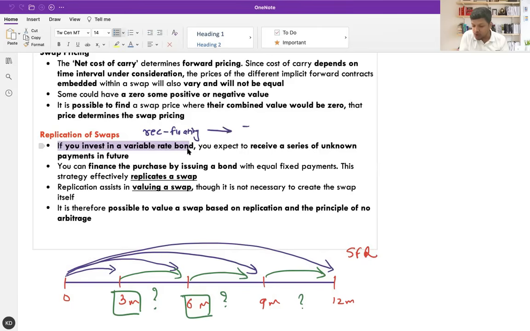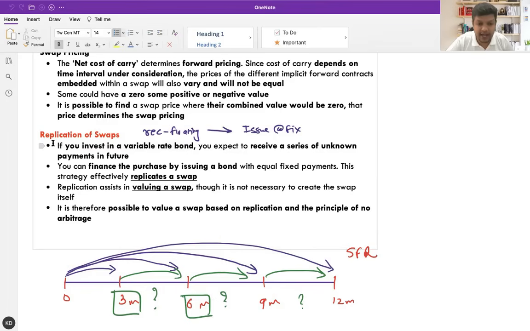And if you issue a bond at fixed, you have two bonds now. In one bond you have invested, therefore you get floating. In another bond you have issued, where you pay fixed. If you have these two bonds, it's very much like a swap, isn't it? So that replicates a swap.